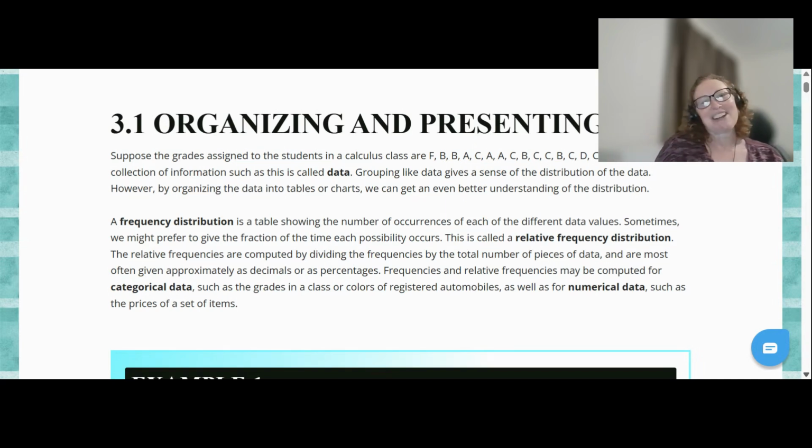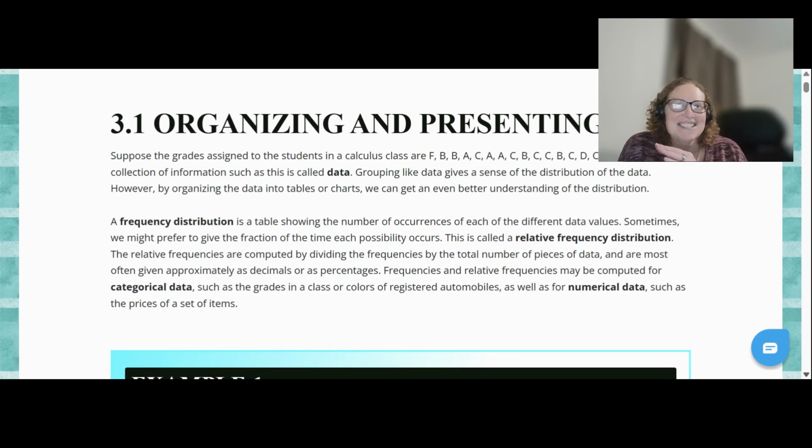So anyway, when we first start off talking about statistics, you will see that in many of your math classes, business classes. We also look at it when we talk about graphs. So, we've talked about graphs a lot. But here, for example, we're seeing that there are some grades assigned to some students in a calculus class.